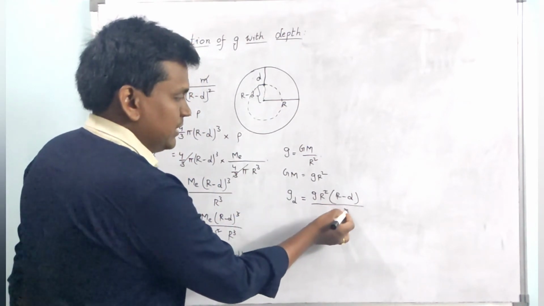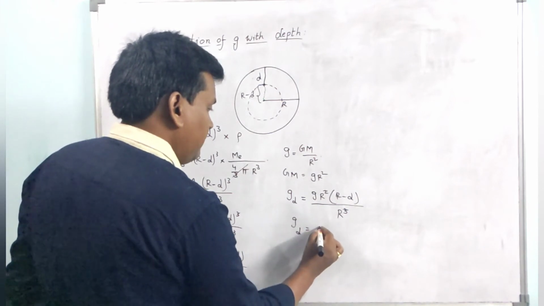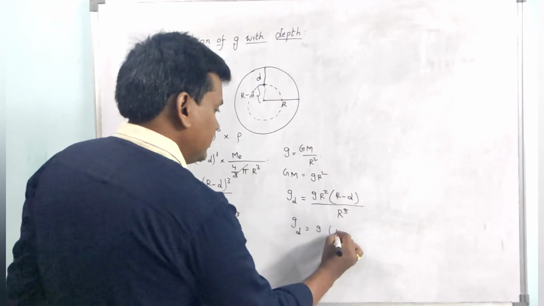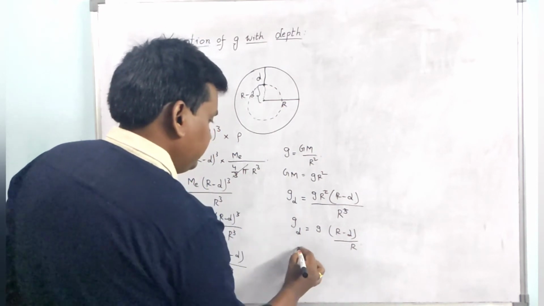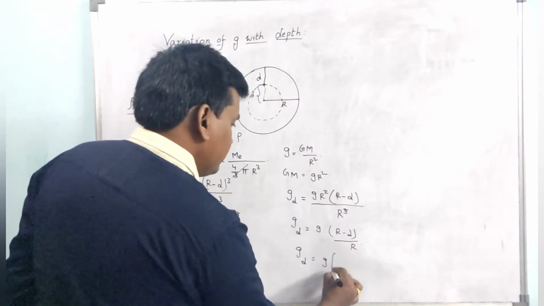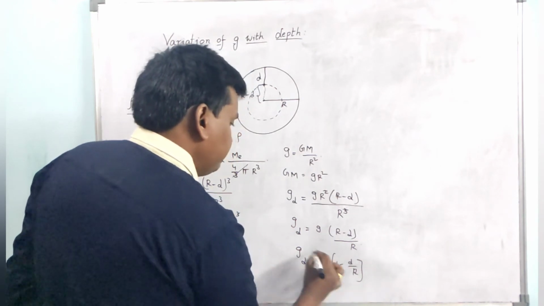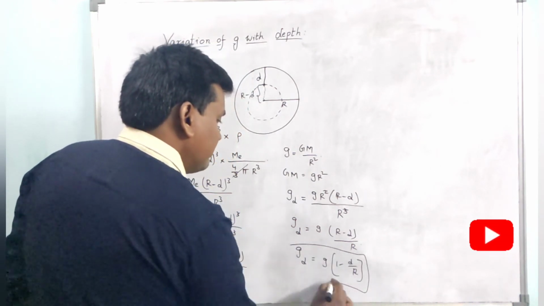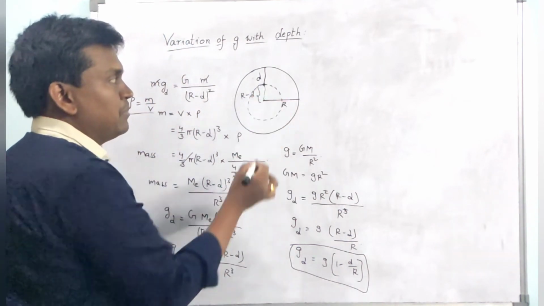So square and cube will get cancelled. We'll get g_d equals g of (R minus d) by R, or this can be written as g_d equals g of (1 minus d by R). So this is the gravity at depth which is acting on the mass.